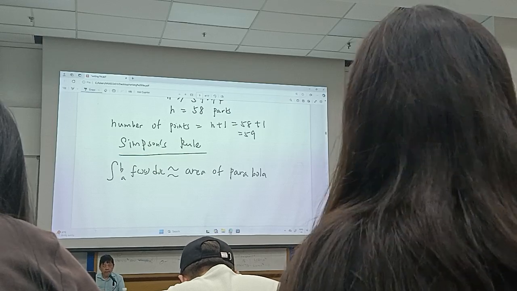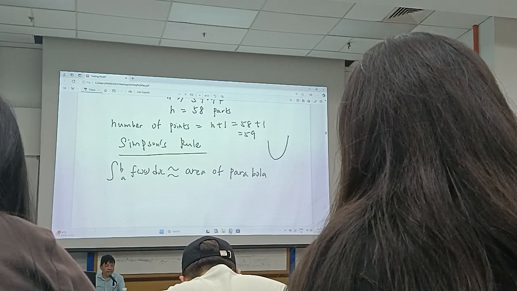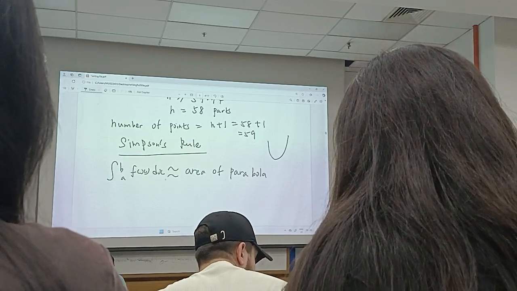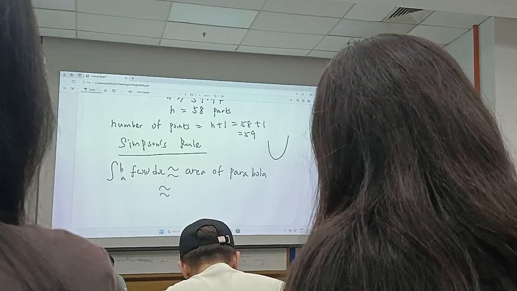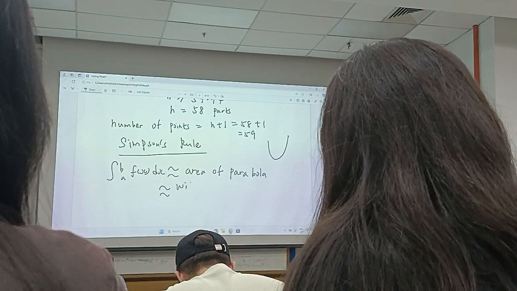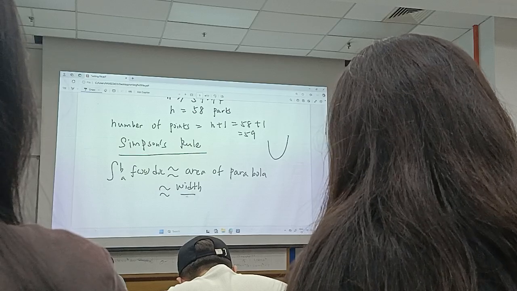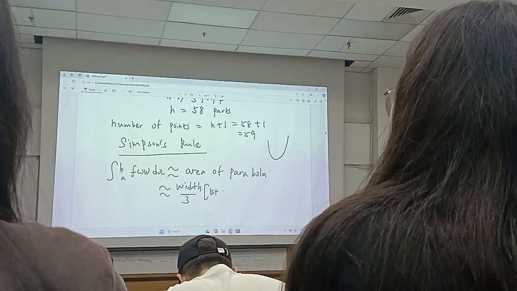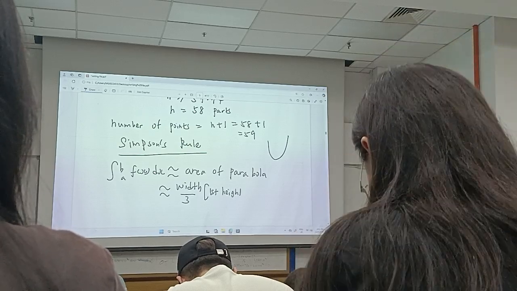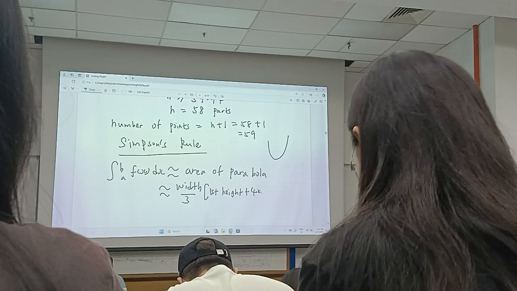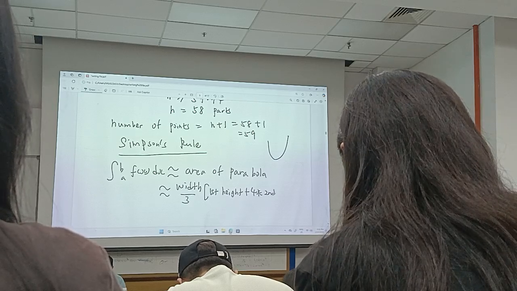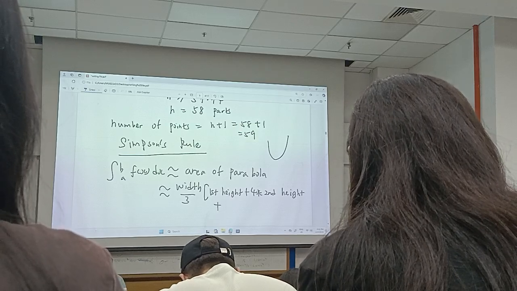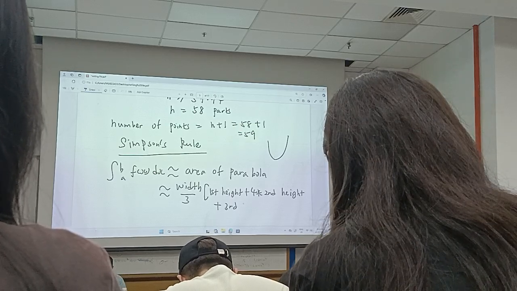So what does parabola mean? It looks like this, right? Okay, this is a parabola, right? So how to calculate the area of a parabola? What's the formula? Width over 3. Okay. First height plus 4 times second height, plus third height.